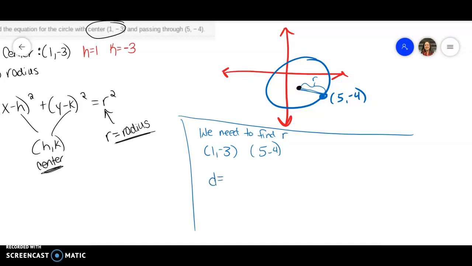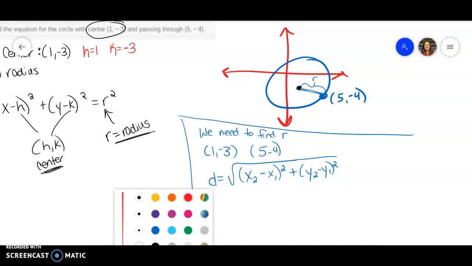Well, we have that distance formula. The distance is equal to the square root of, and it doesn't really matter which one you put first. Different people try to put their x's or y's differently. It doesn't really matter. But I'm going to say (x sub 2 minus x sub 1) squared plus (y sub 2 minus y sub 1) squared.